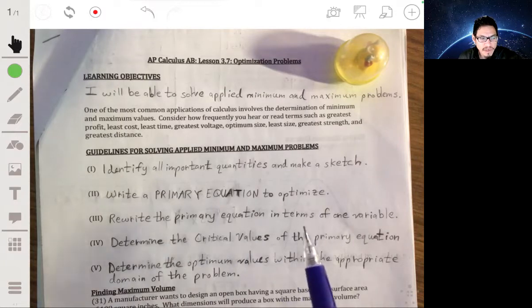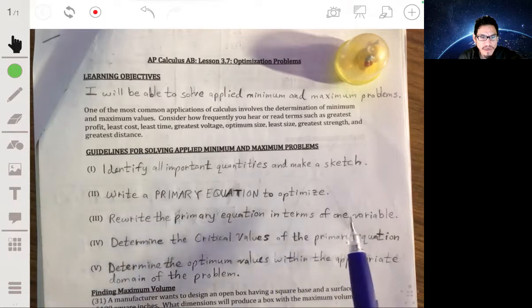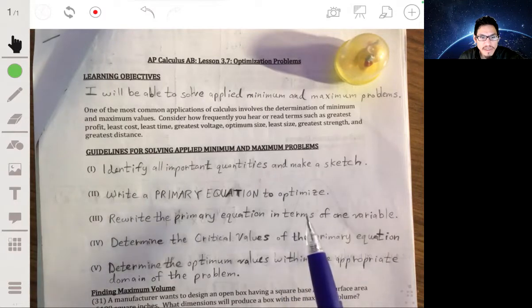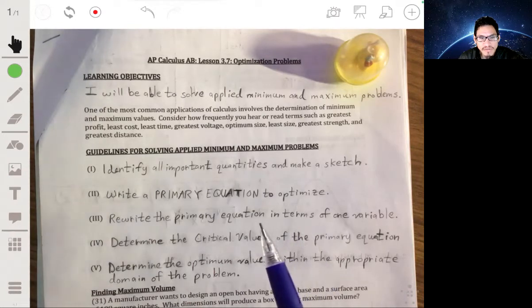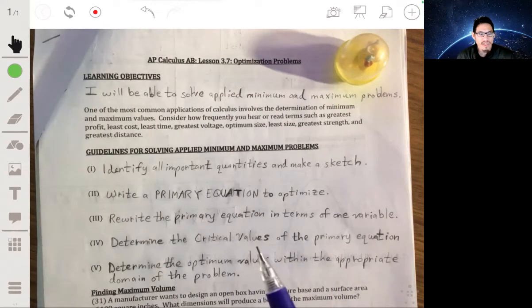And since we're only in one variable calculus, you have to find a way to make this primary equation in just one variable. Like if you have something based on length and width, you have to find a way to make it in terms of just length, or in terms of just width.